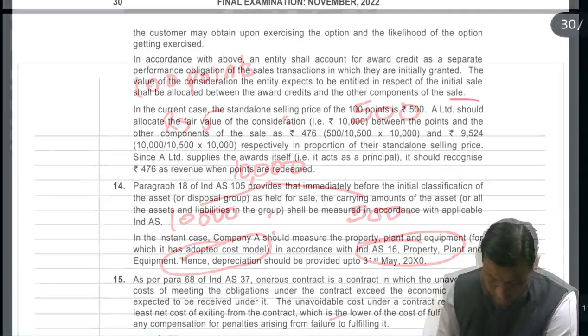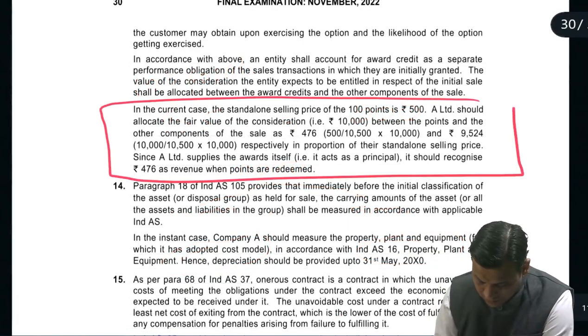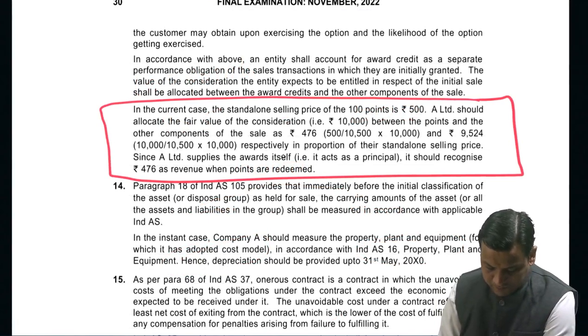Clear, friends? So this is the solution: 9524 in the proportion of standalone selling prices and 476.